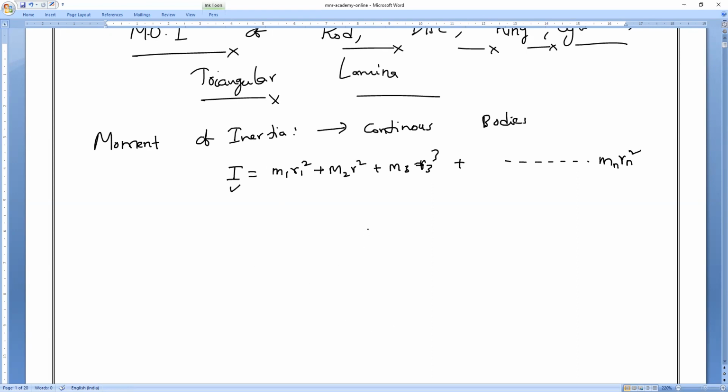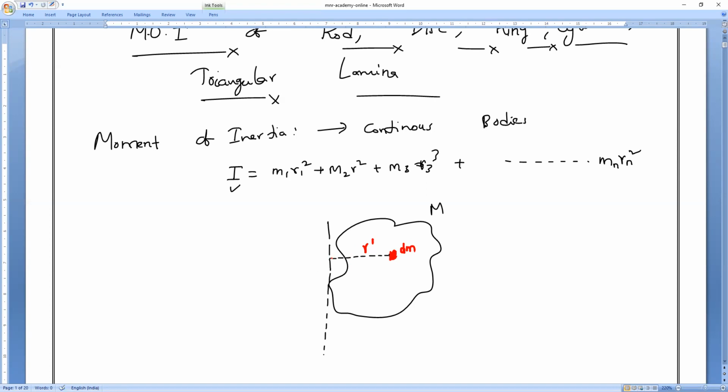So now let me take some random body, and the axis of rotation is passing through this point. This is the axis of rotation. From the axis of rotation, let me take this particular particle. The total mass is capital M. The mass of this particular part I will take as dm.